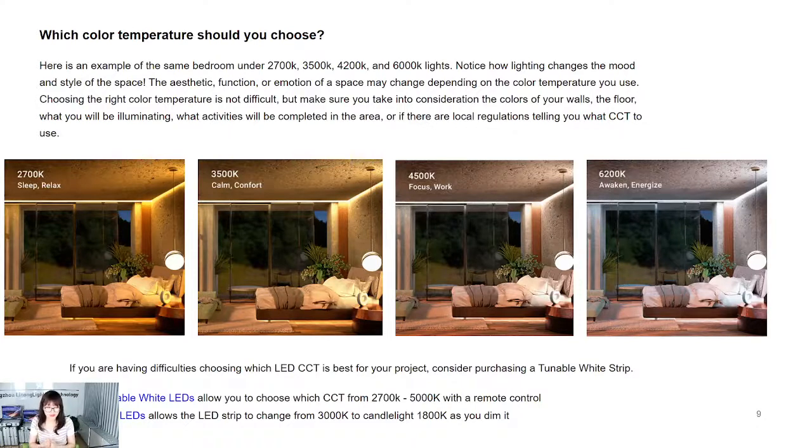We also have the dim to warm strip, which allows the light strip to change from 3000 Kelvin to candlelight 1800 Kelvin as you dim it. I will explain more details about our products later on.